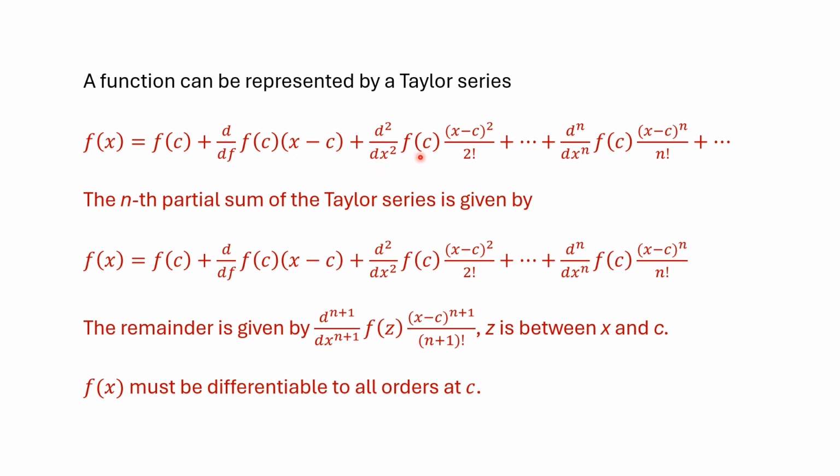The second derivative of f of c times x minus c squared over 2 factorial, on out to the nth derivative of f of c, x minus c to the n over n factorial.